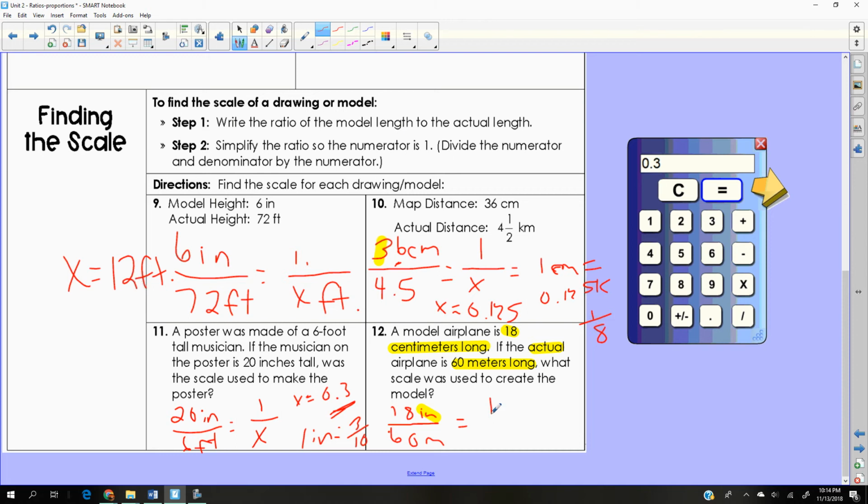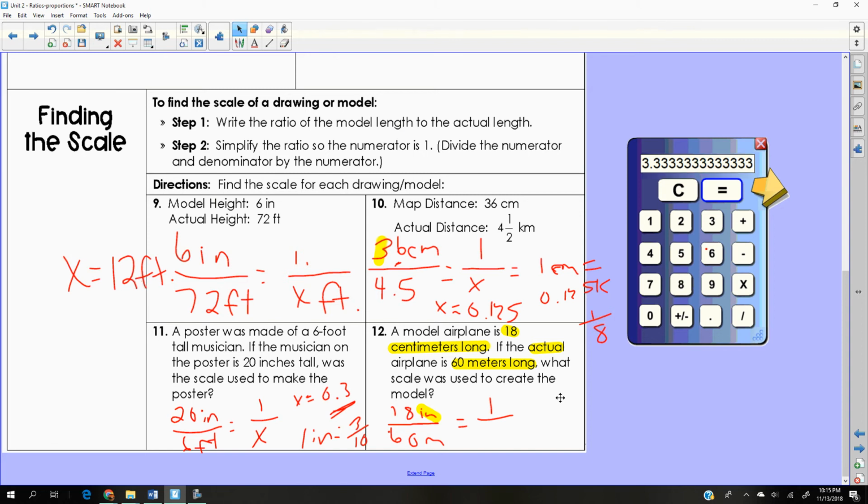To figure out the scale, we need to figure out 1 inch equals how many meters. So 60 times 1 is 60, and then 60 divided by 18 is 3.3333.